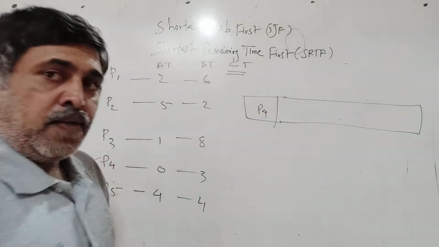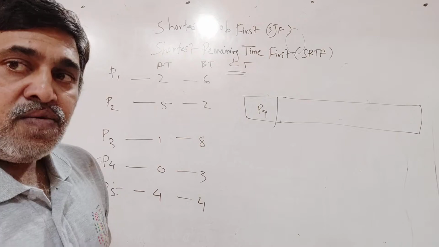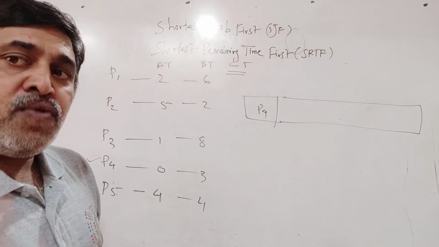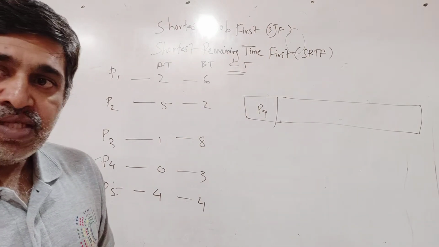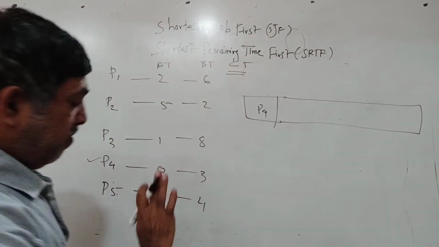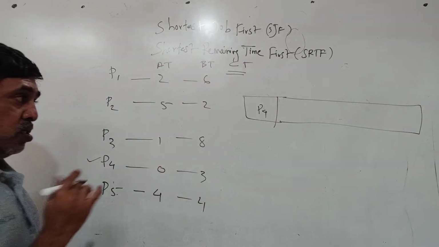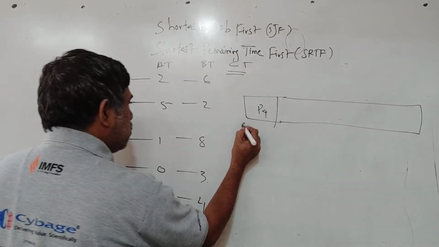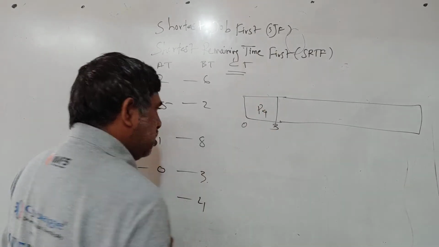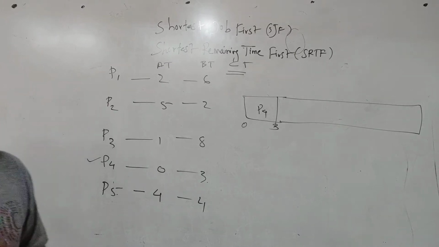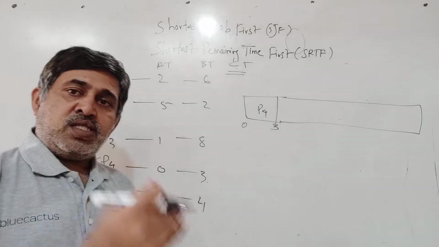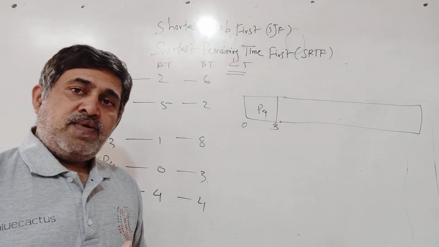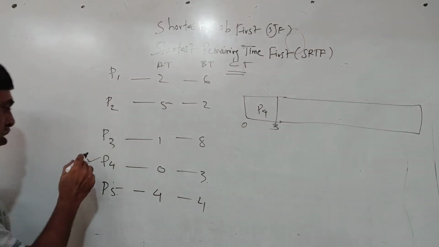Since it is a non-preemptive method, once P4 is taken up, P4 will finish the execution. P4 requires 3 units. So at unit 3, process P4 completely executes. So P4 is gone out of the memory.